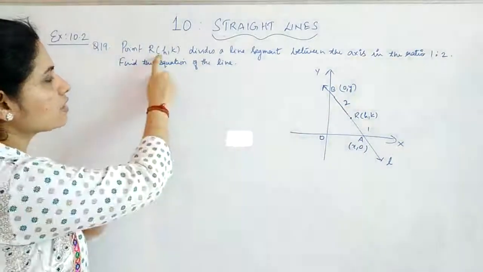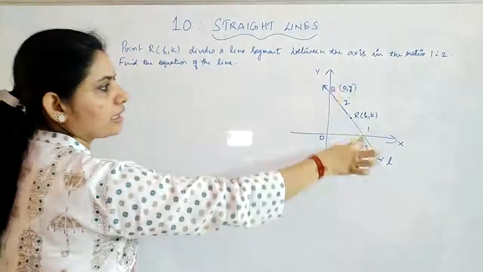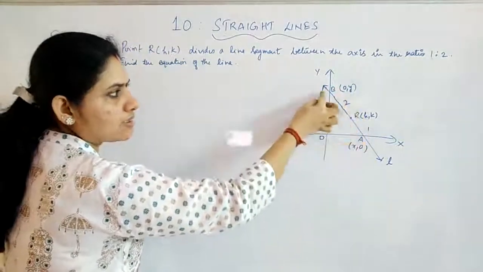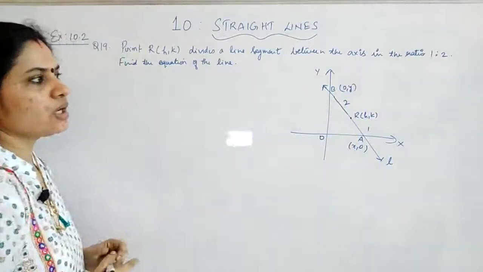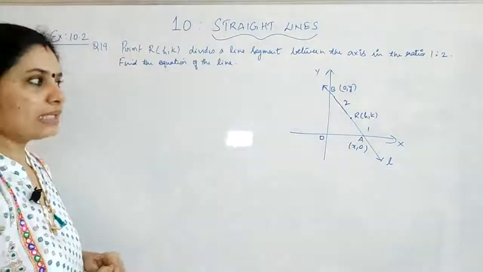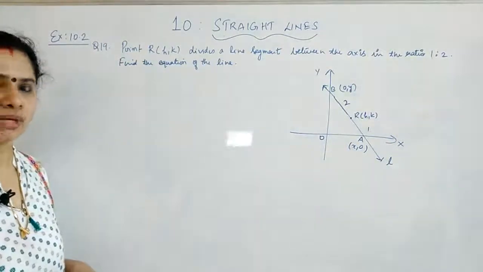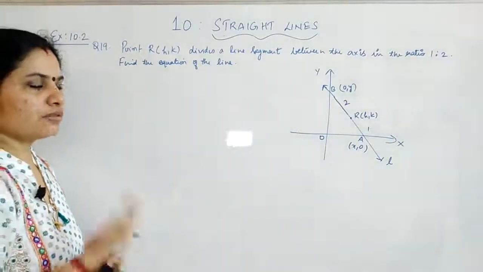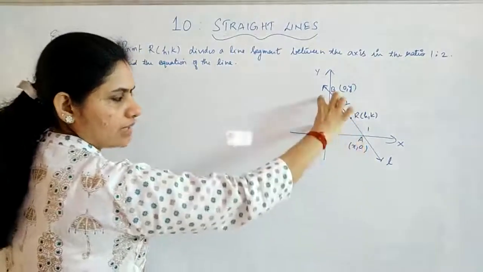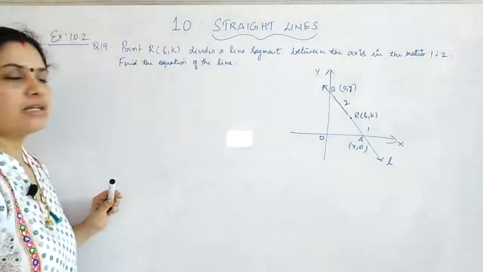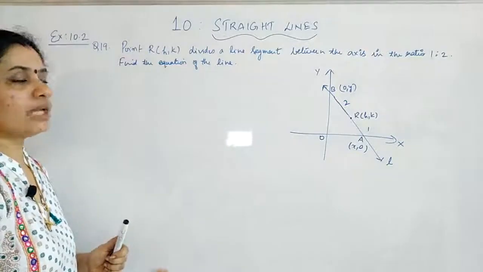They are saying that R(h, k) divides this line AB between the axes in the ratio 1:2. So using the section formula, we will find the x-intercept and y-intercept.